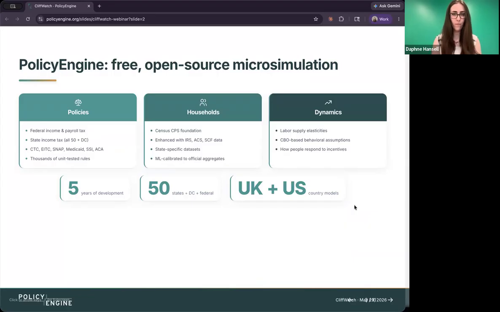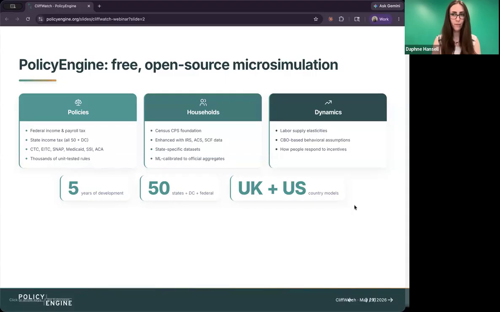We operate an open source platform where, through our Python package, AI tools, and web apps, you can either design a policy or just see what the effect of an individual policy is under current law. Our model includes policies like federal income and payroll taxes, state income taxes in all 50 states and DC where they exist, local income taxes, tax credits, SNAP, Medicaid, SSI, and ACA.